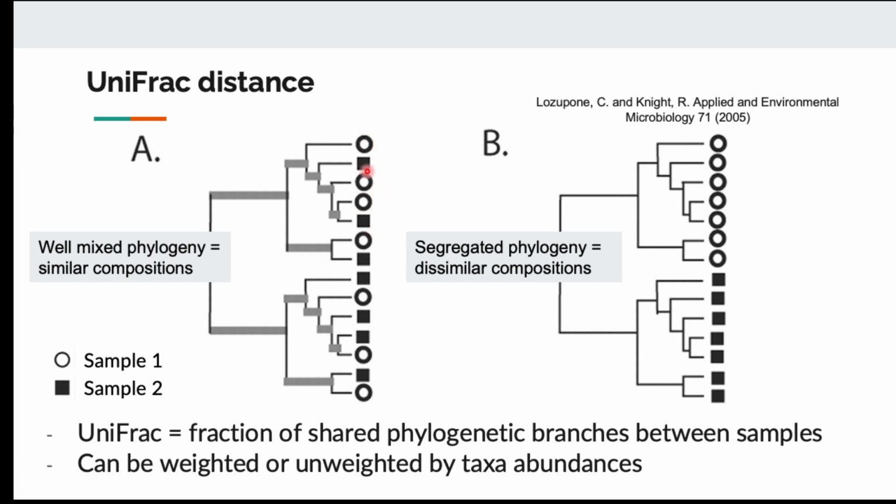So UniFrac distance takes into account the phylogenetic or genetic similarity when it quantifies the similarity between samples. So this is much better than Bray-Curtis, but you have the burden of having to reconstruct the phylogenetic tree.